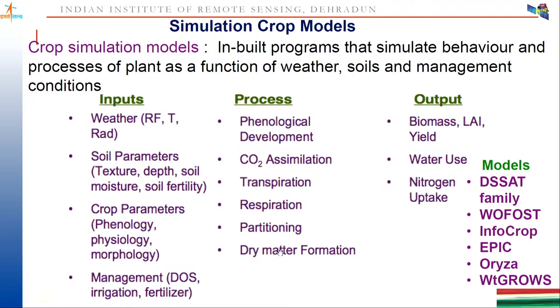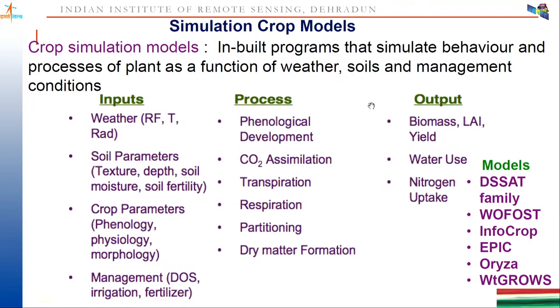Then dry matter formation, that means biomass formation. The final output will be total biomass, leaf area index on a daily basis, yield, final economic yield, water balance parameters, nitrogen uptake. These are the outputs it gives.